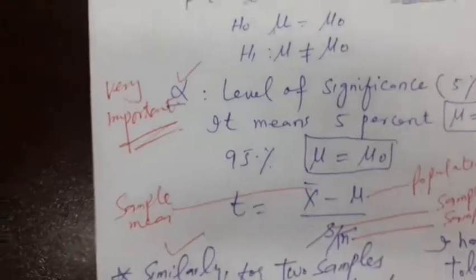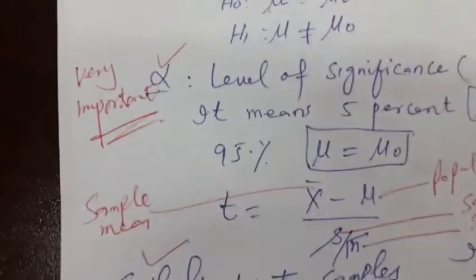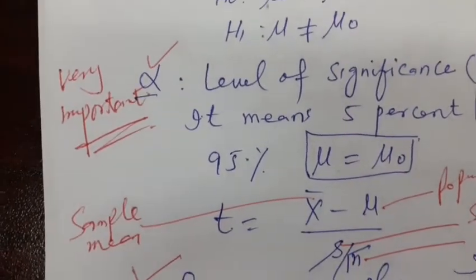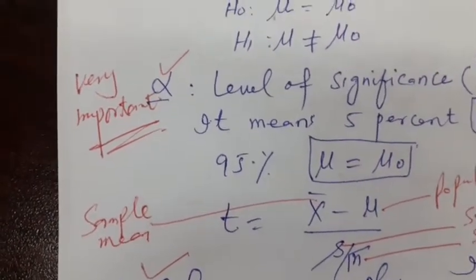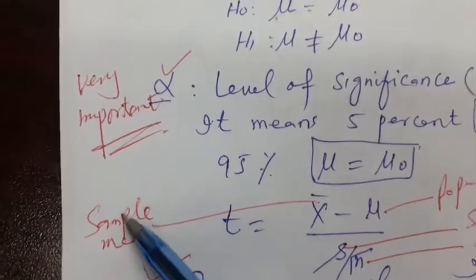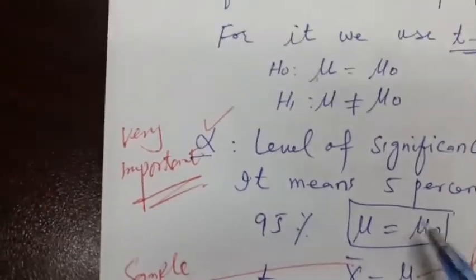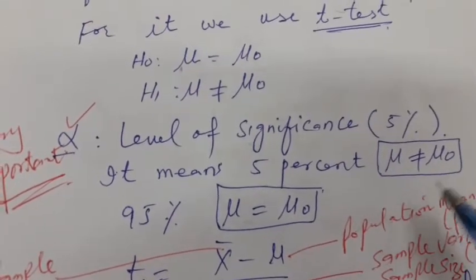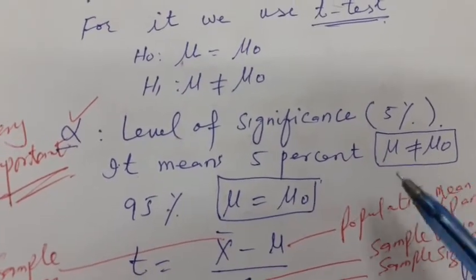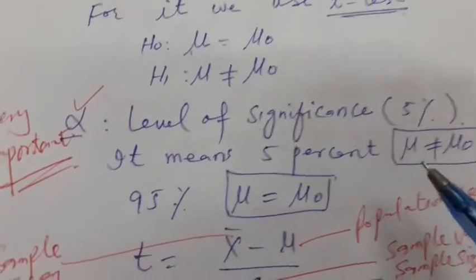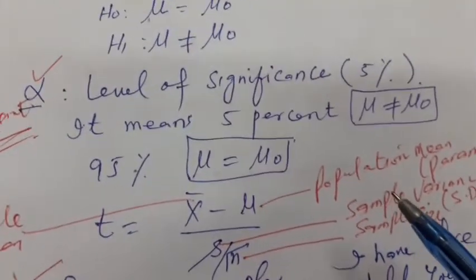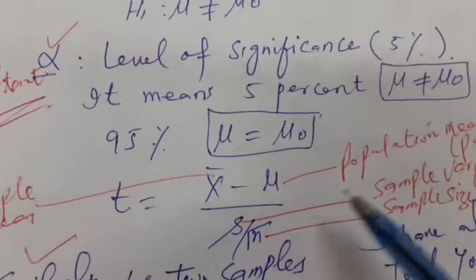Here is the t-test. The t-test is actually a one sample test. Here x bar is the sample mean, mu is the population mean, the parameter, meaning a population characteristic, S is the sample standard deviation, and n is the sample size.